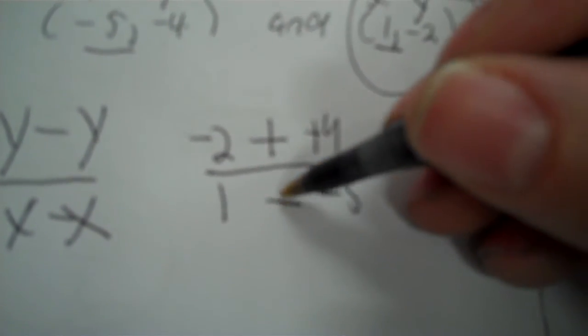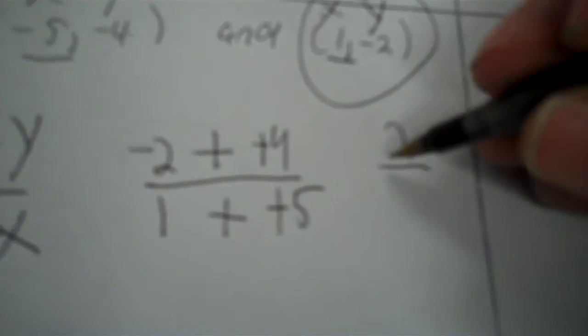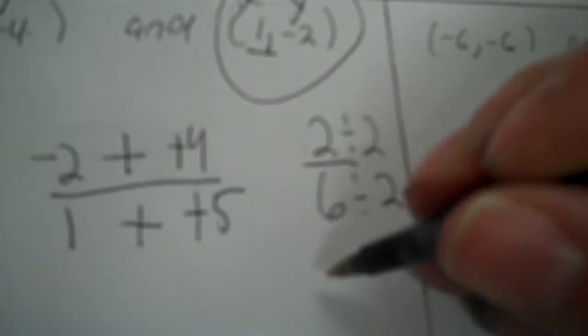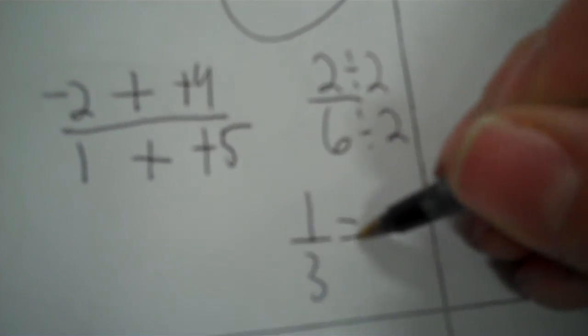If I'm subtracting a negative 4, that's the same as adding a positive 4, which that is 2. 1 minus negative 5, that's like adding a positive 5, which is 6. Okay. So here's 2, here's 6, that'd be in the second row. So it'd be 1/3.